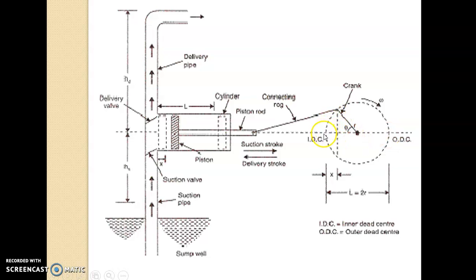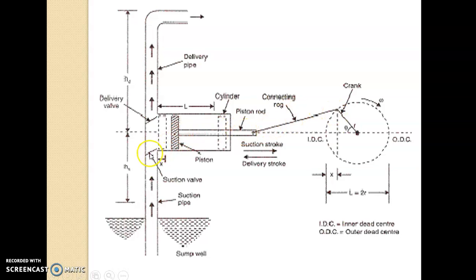So when this crank was at this position, it starts moving from this position towards this side. When the crank rotates from IDC to ODC, this will be our suction stroke, and the piston will move backward, and simultaneously the suction valve will open.